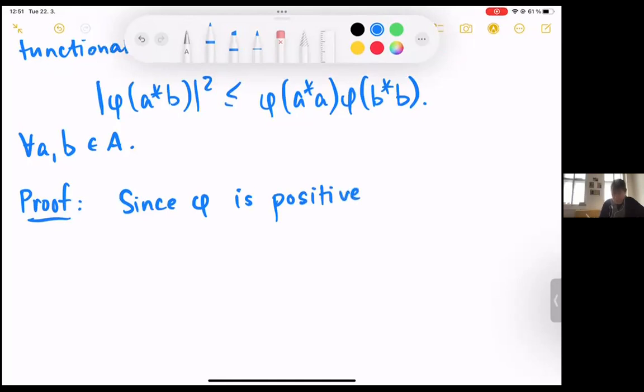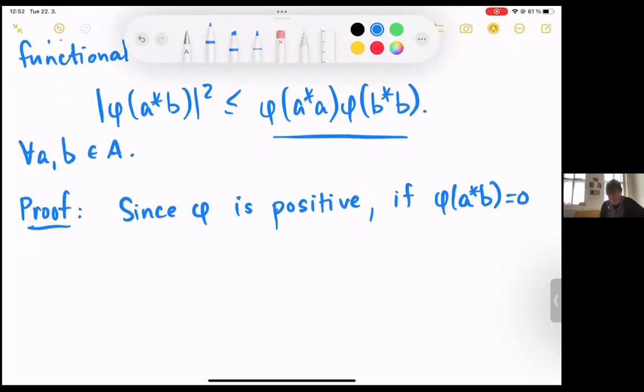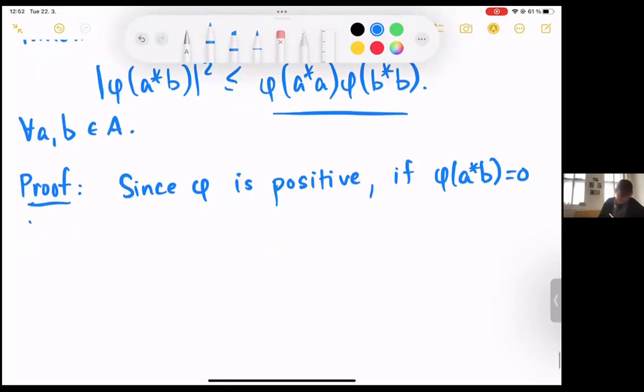Okay, so this is a positive linear functional. If we happen to have that phi of A star B is 0, well, it's clear. So this is always going to be a positive element here, and certainly 0 is less than a positive element. So we can assume otherwise.